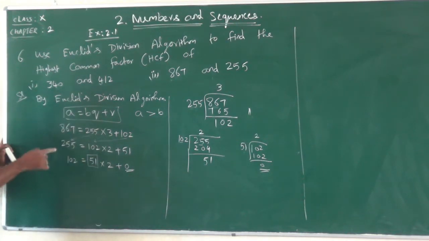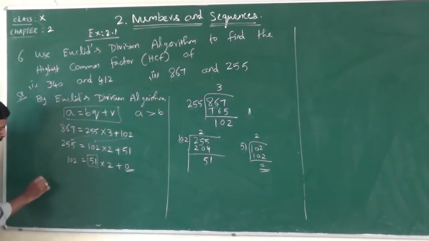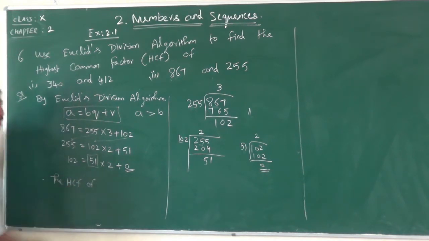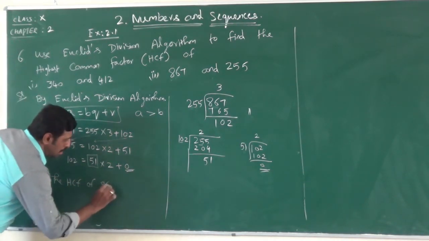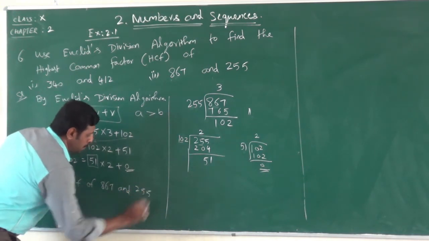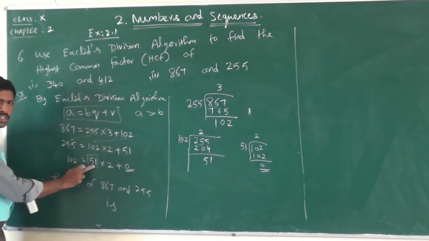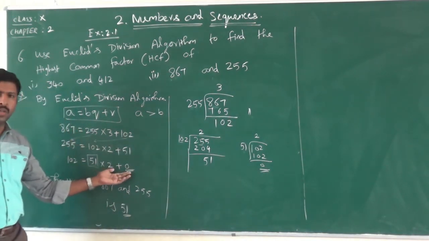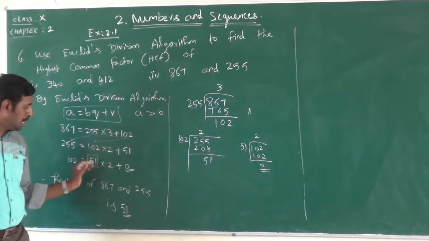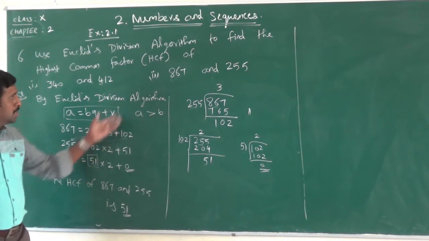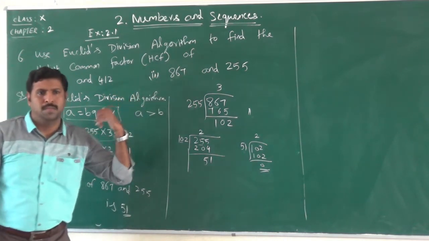The divisor is the highest common factor of these two given positive integers. Therefore, the HCF of 867 and 255 is 51. So when we get the remainder as 0, that step's divisor is equal to the highest common factor of these two positive integers. Thank you, students.